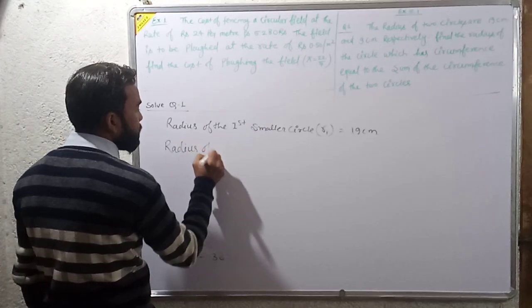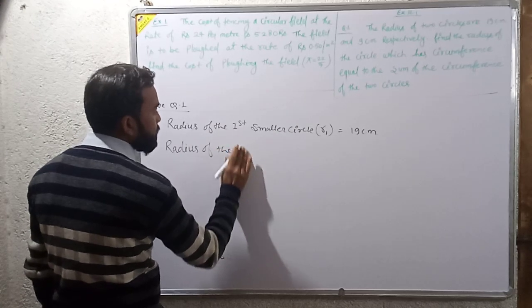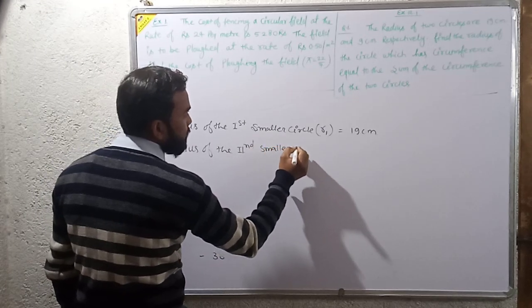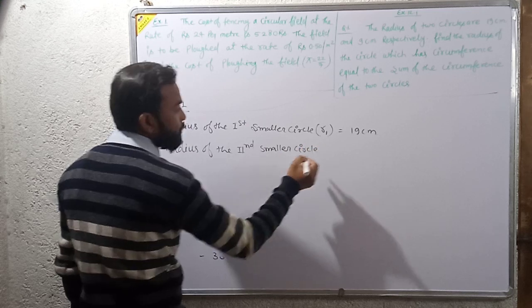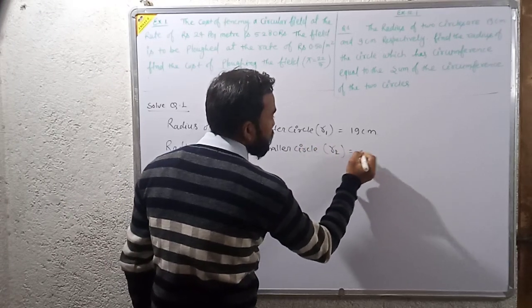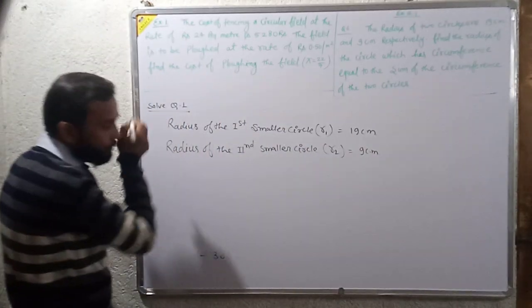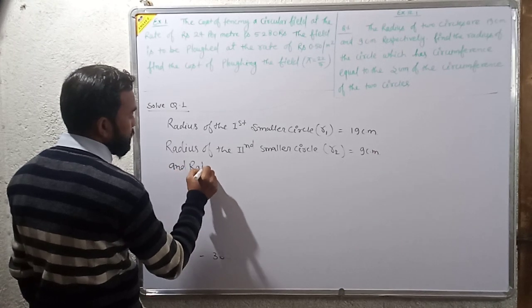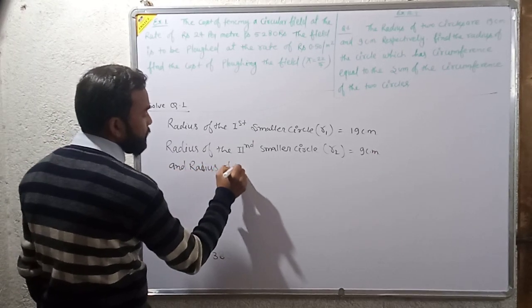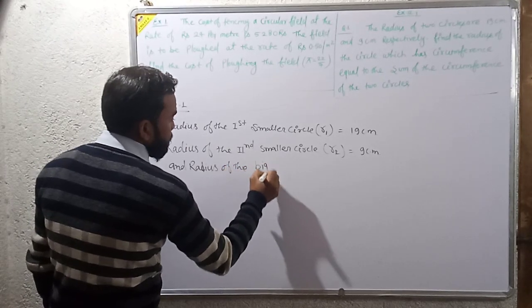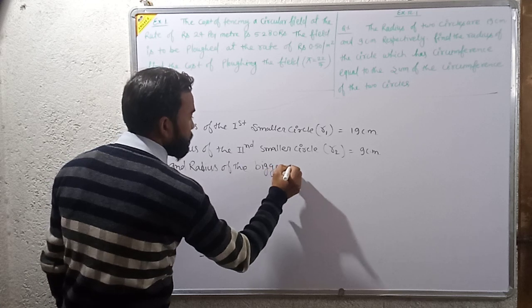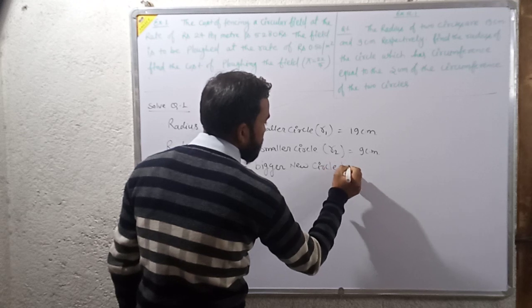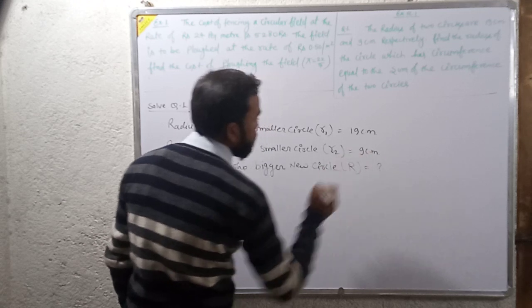And the radius of the second smaller circle, let me suppose this is r2 is equal to 9 centimeter, and the radius of the bigger new circle is equal to capital R, which is unknown.